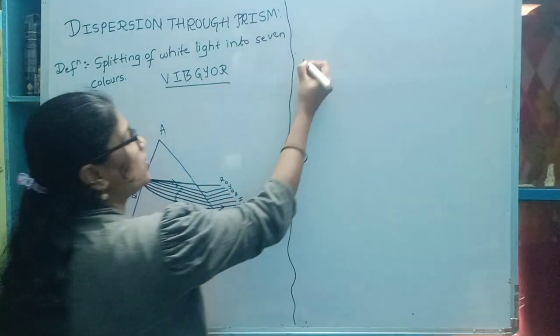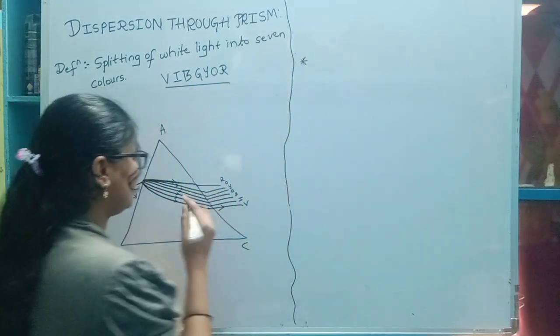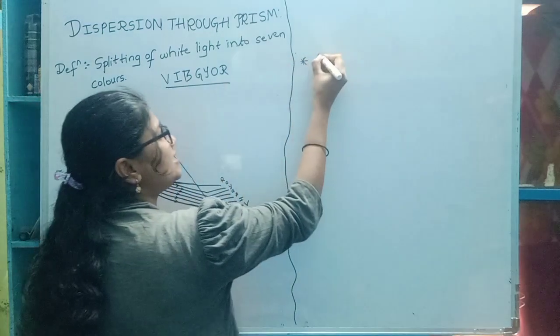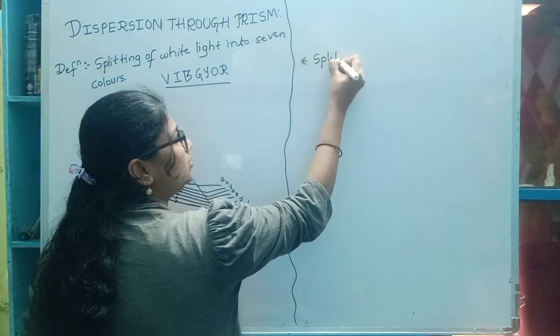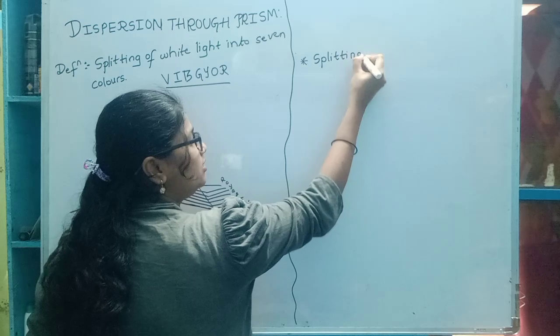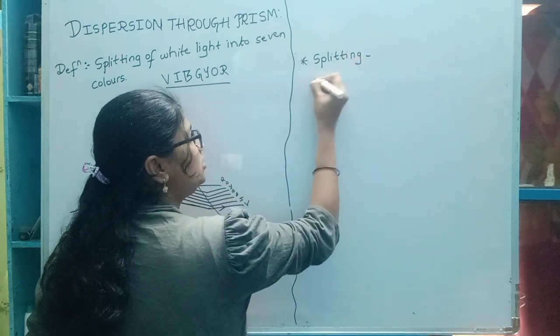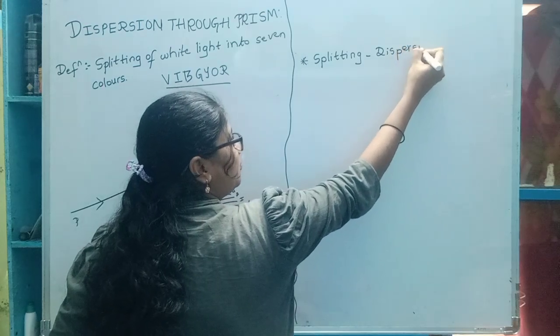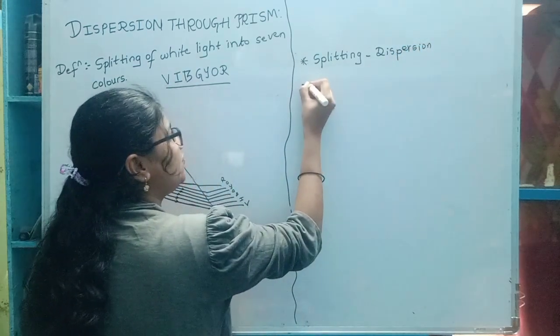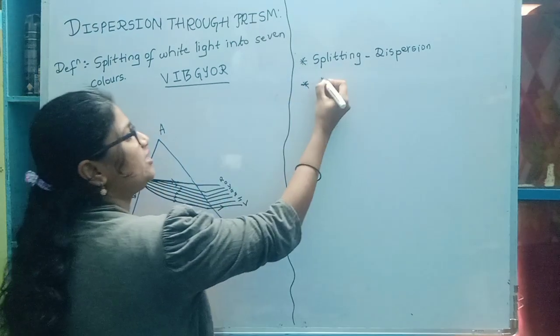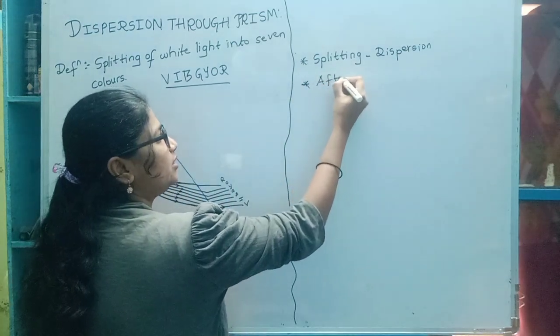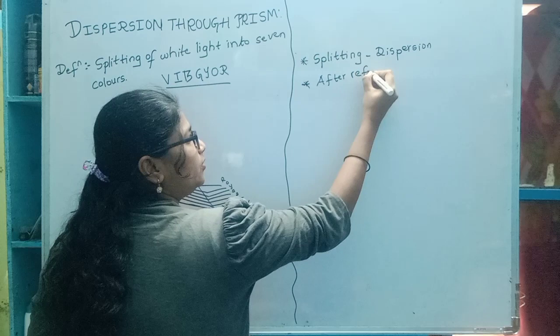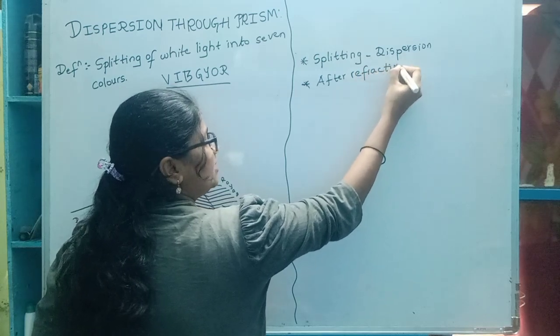So here I can write that the splitting up of light is called dispersion. Then after refraction we got 7 colors.